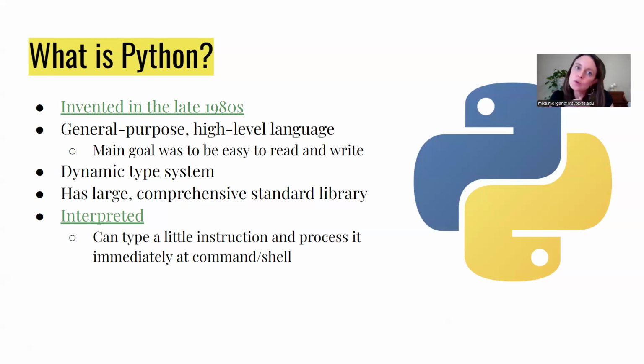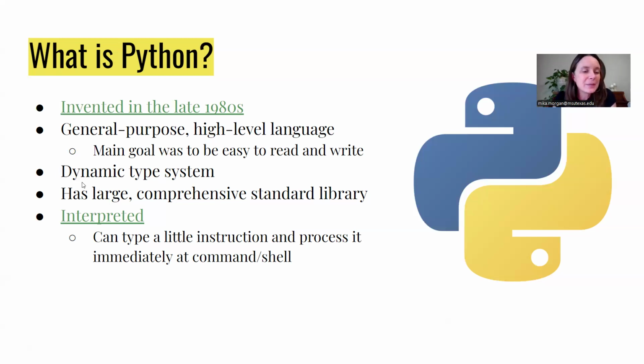Those are the rules that you learn for how to properly read and write in that language. Programming languages have grammar rules as well, and we call them syntax. Python was made to be really easy to read and write because it has very minimal syntax rules. And that's one of the reasons that it's a really nice language for beginners to learn.